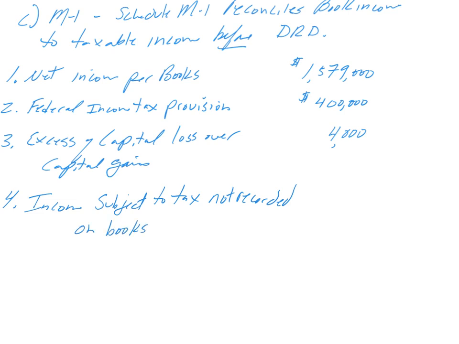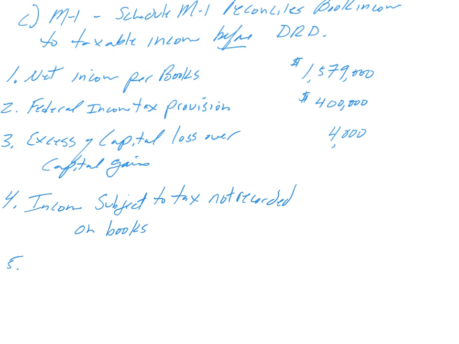So this would have been income that is taxable, but that is not recognized for book purposes. We didn't have anything that qualified, but one example of this might be an advance payment for a service. So you would have to recognize that income for tax purposes, but you wouldn't have to recognize it for book purposes until it was earned.